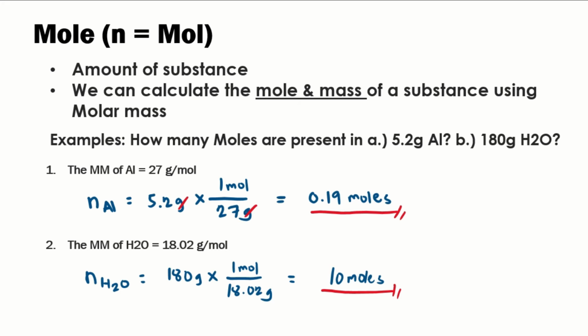So ibig sabihin ng class, there are 10 moles present sa 180 grams of water. So that's how you compute for the mole. Again, the mole is the amount of substance and it varies depende kung gaano karami yung substance. So using the mass and the molar mass, we can compute for the mole.